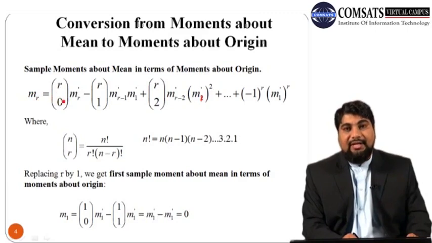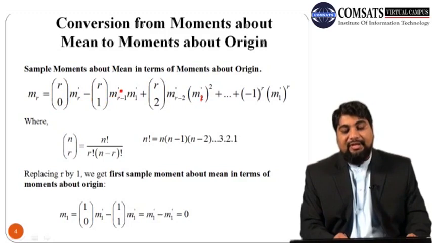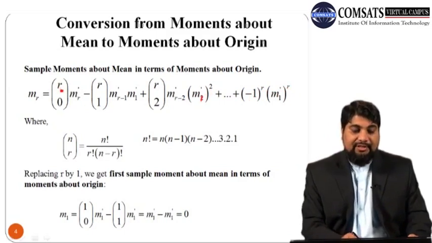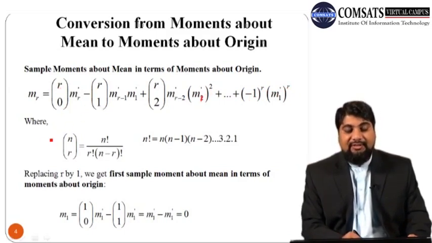This is equal to rC0 m'_r minus rC1 m'_(r-1) into m'_1 plus rC2 m'_(r-2) into (m'_1) whole square plus so on, minus 1 raised to power r m'_1 power r. So here this rC0, rC1, this is used for combinations.